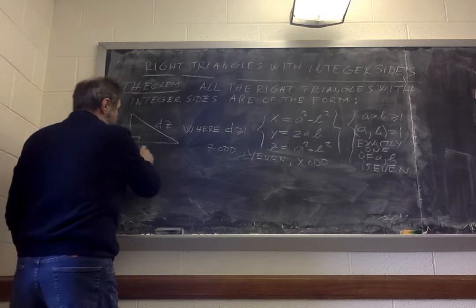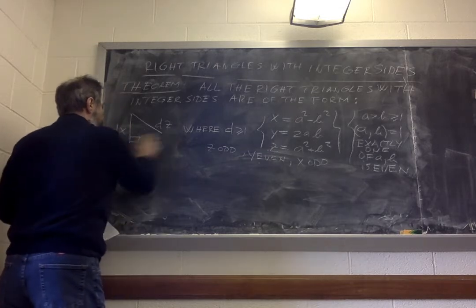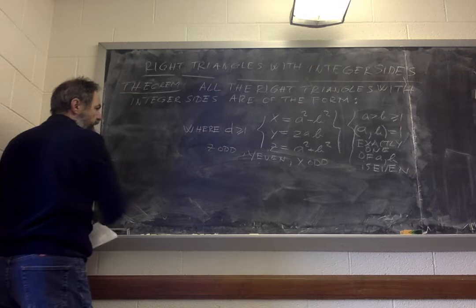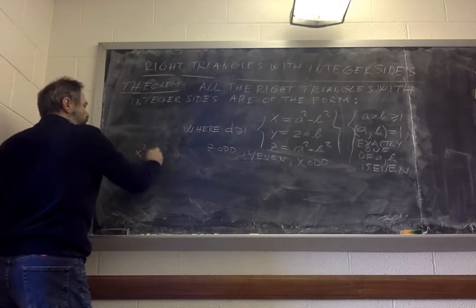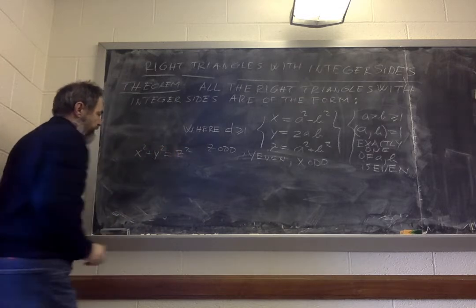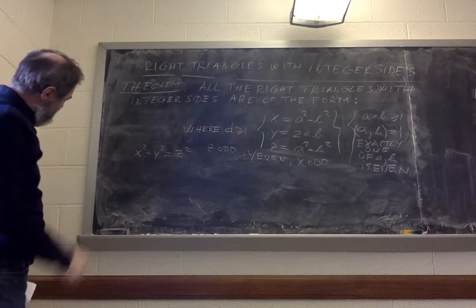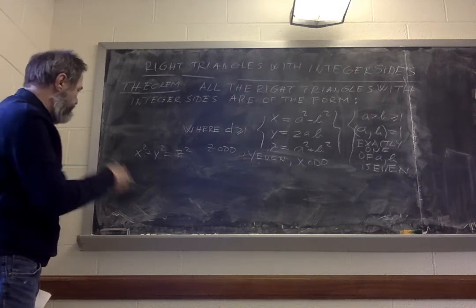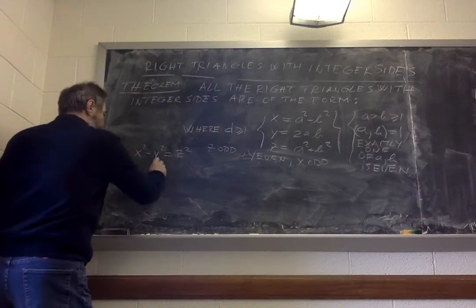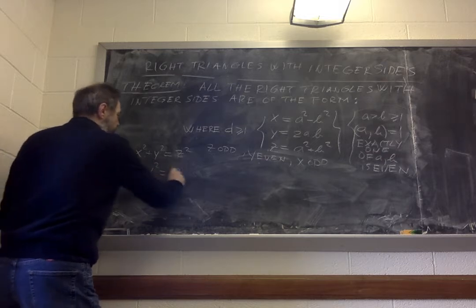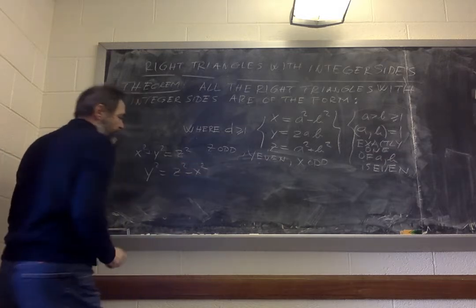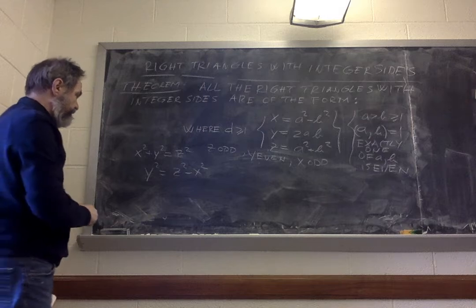And I have x squared plus y squared is equal to z squared. I'm going to do the following thing. y squared is equal to z squared minus x squared. And I factor this.